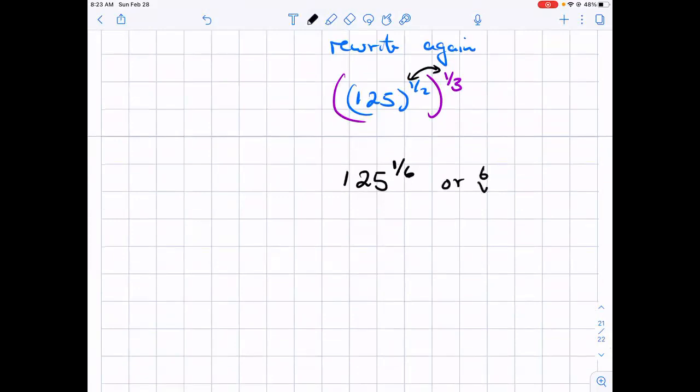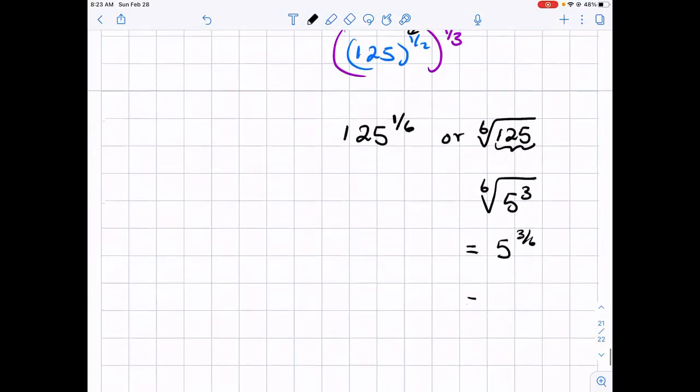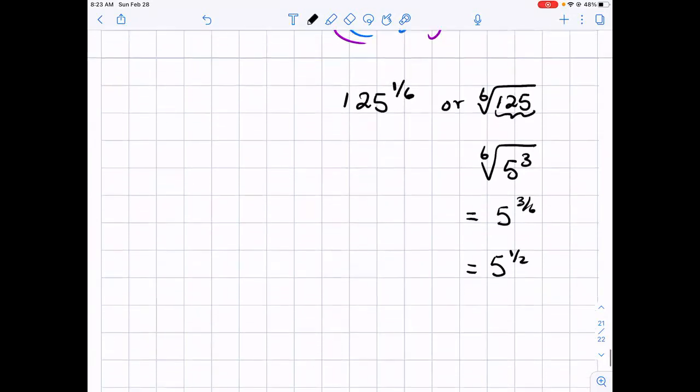But if you write it this way, maybe you will see that this here can be rewritten as 5 cubed. And when we do this, we know that this is the same as 5 to the 3/6, which is equal to 5 to the 1/2 power, or we can say the square root of 5.